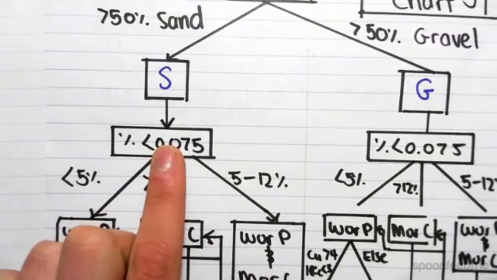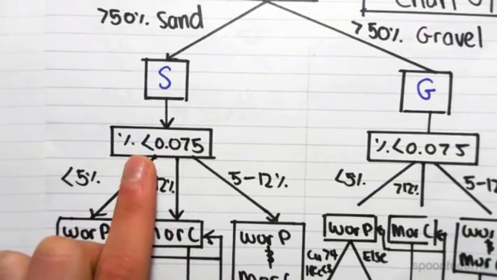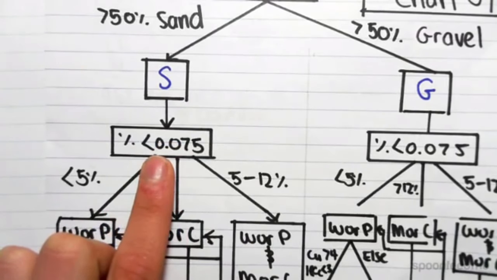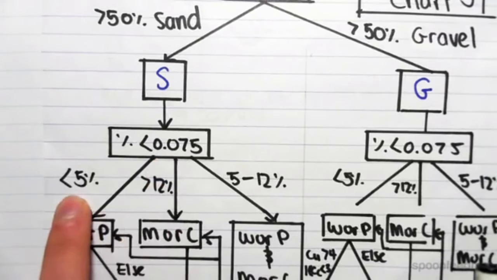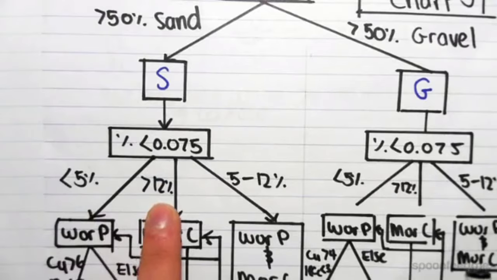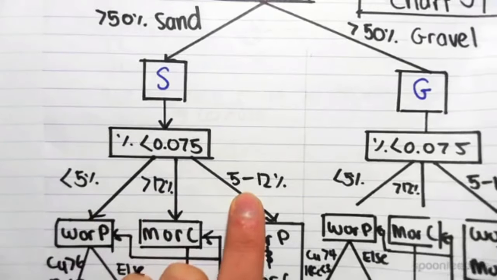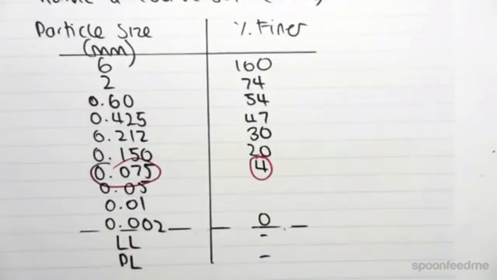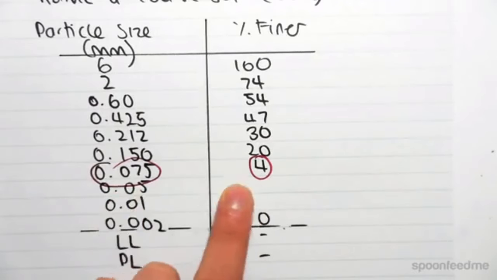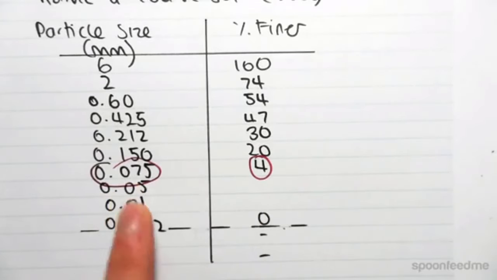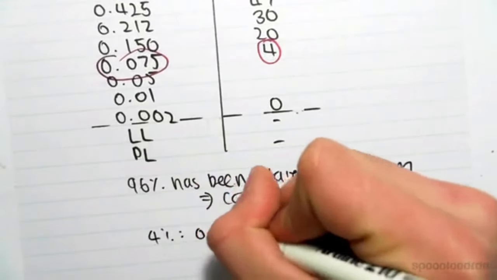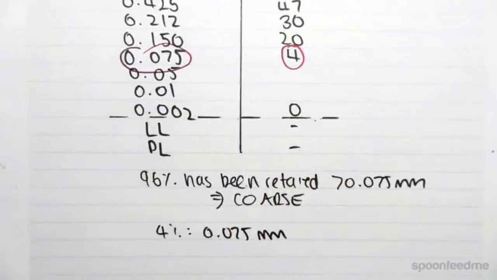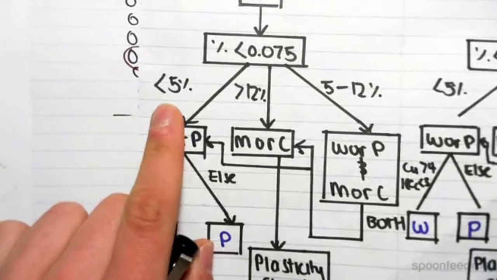The next thing we need to determine is the percent less than 0.075 millimeters. So this is the percent fines. Do we have less than 5% fines, greater than 12% fines, or between 5 and 12% fines? We can see from our table that 4% has passed through 0.075 millimeters, and 4% is less than 5%.